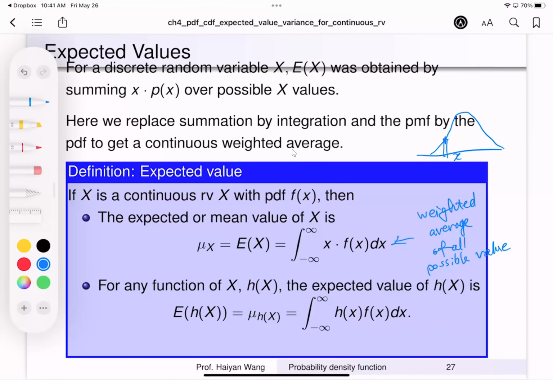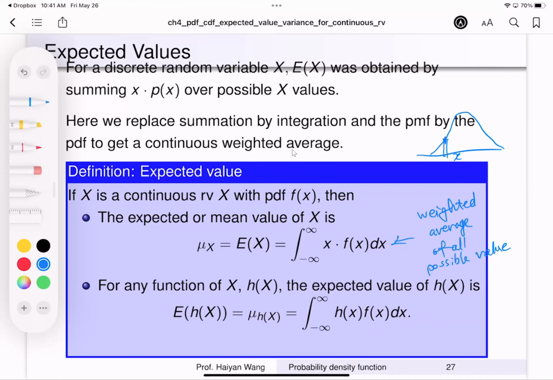So that's the meaning of this expected value. It's considering all possible values, and we are taking the weighted average. Computationally, we can just directly compute the mean this way, but the meaning is that if you were able to observe all of the possible values from this random variable and take the weighted average, then you would have this mean.